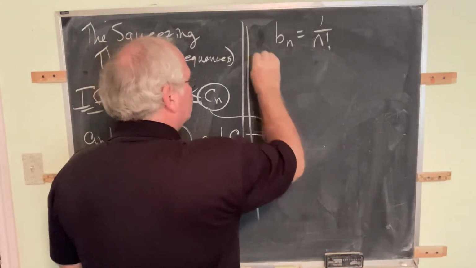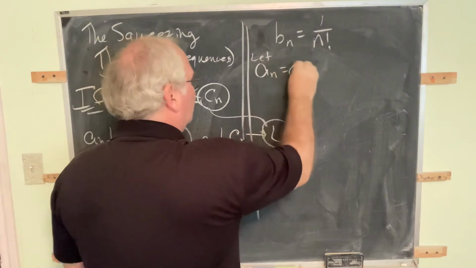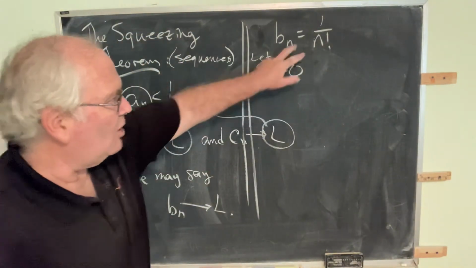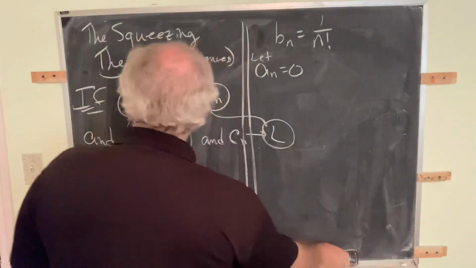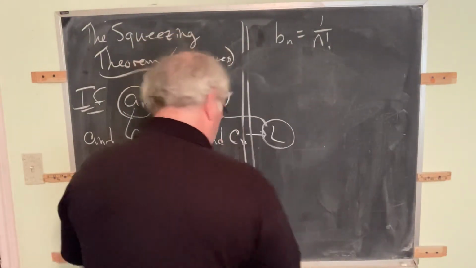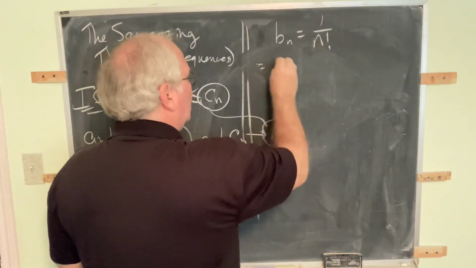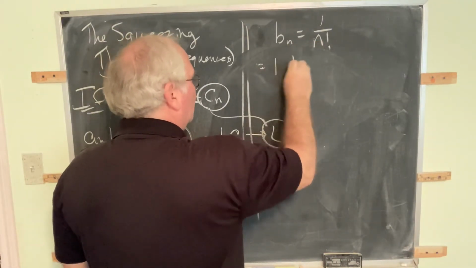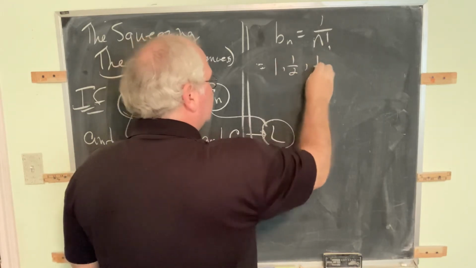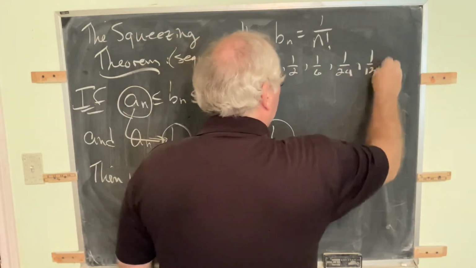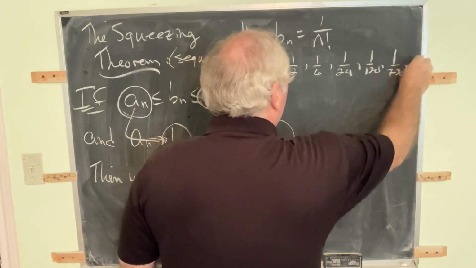Let an equal the constant sequence 0. Now, let's go back here. What are these terms? These terms are 1 over 1, 1 over 2, 1 over 6, 1 over 24, 1 over 120, 1 over 720, and so on.